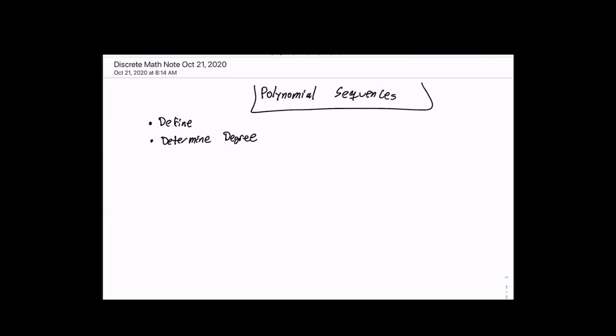Those are our main two goals, okay? We want to be able to define what a polynomial sequence is, and actually we've already covered a polynomial sequence. And then we want to determine the degree of a polynomial sequence. So those are our two goals.